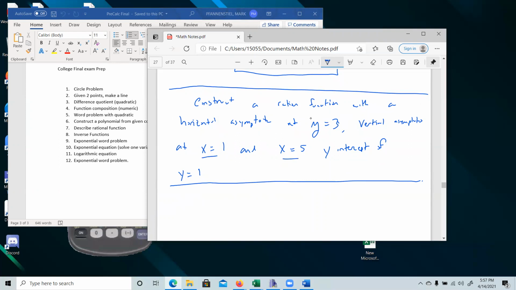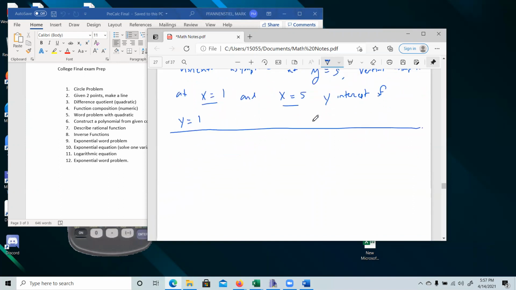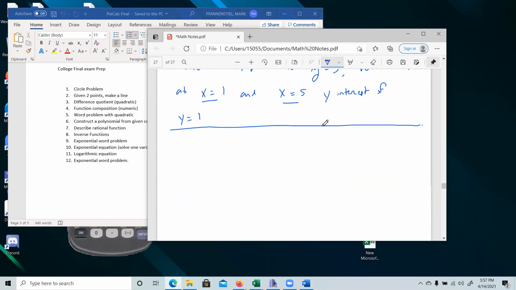So, and this is not a unique answer. Okay, there are other answers we could have. So what do we know about the vertical asymptotes? Well, we know that's where the denominator is 0, right? So when x equals 1, the denominator is 0. So x minus 1 is a factor in the denominator. X equals 5 is also a 0, because that's where we have another vertical asymptote.